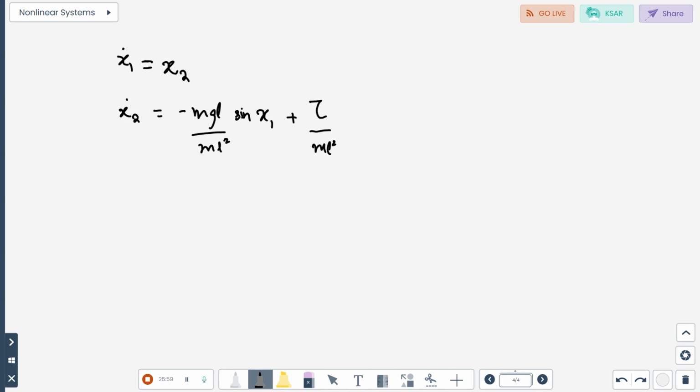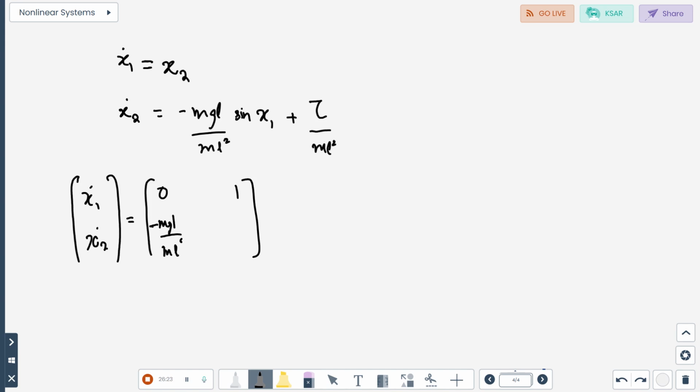Fine. So if tau is equal to u, x1 and x2, so therefore x1 dot, x2 dot is equal to 0, 1, minus mgl by ml square, and it's 0 here.